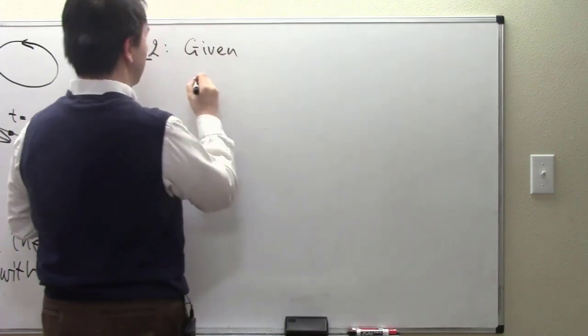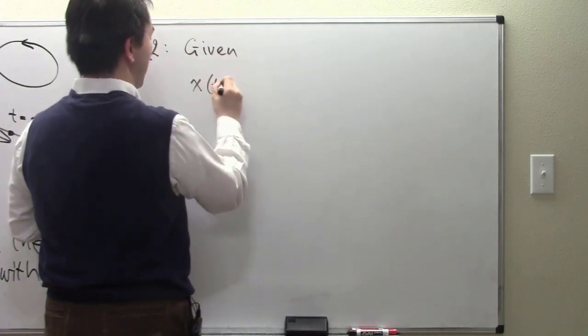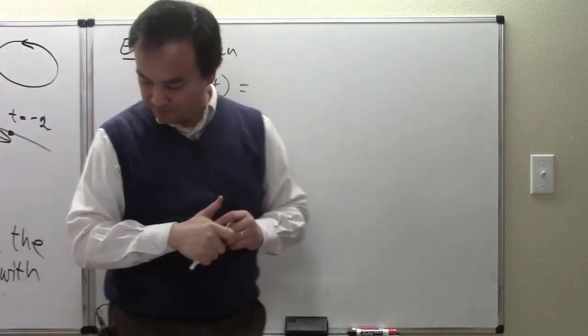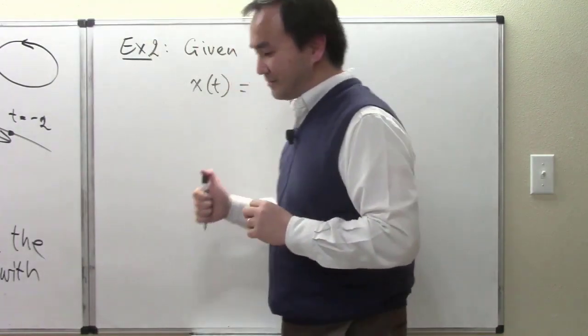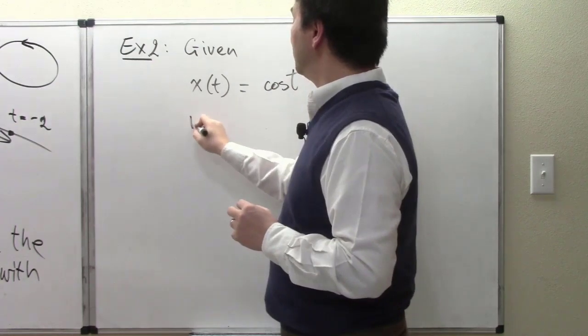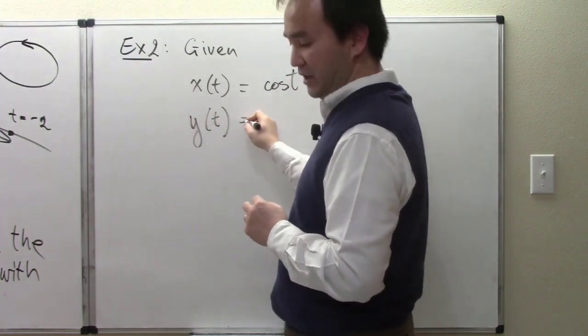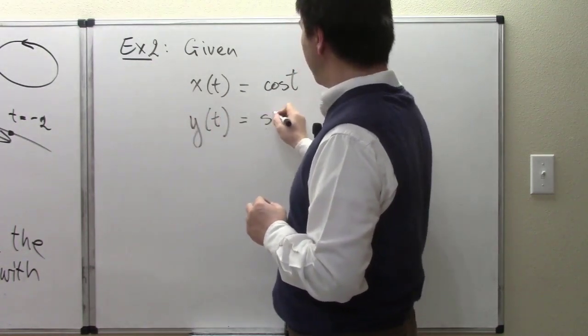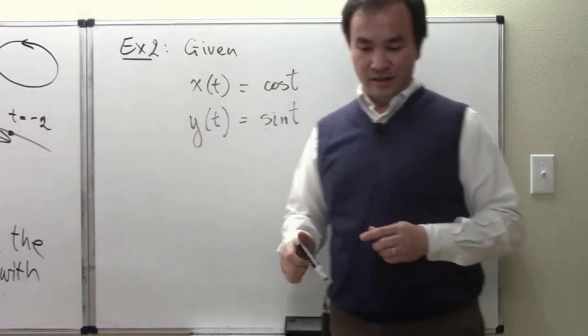We are given a pair of parametric equations. How about x of t equals cosine of t, and y of t equals sine of t. Okay, so just like that.